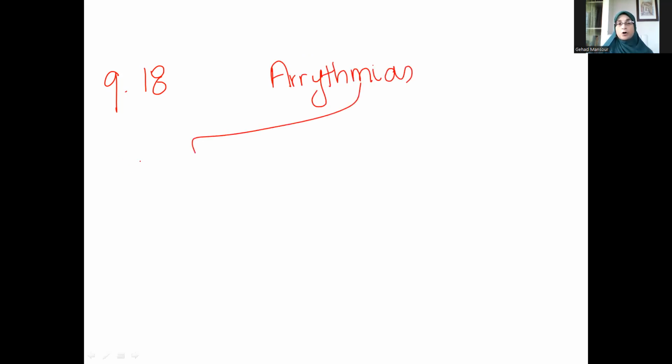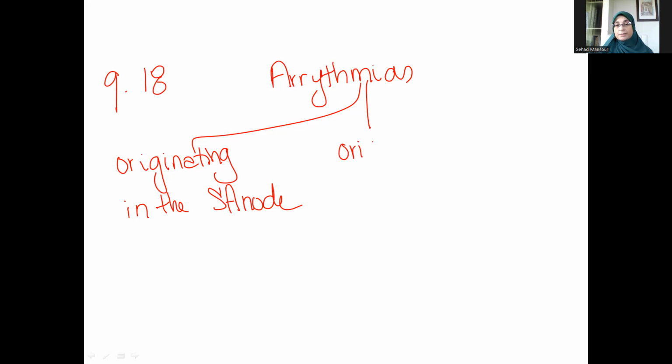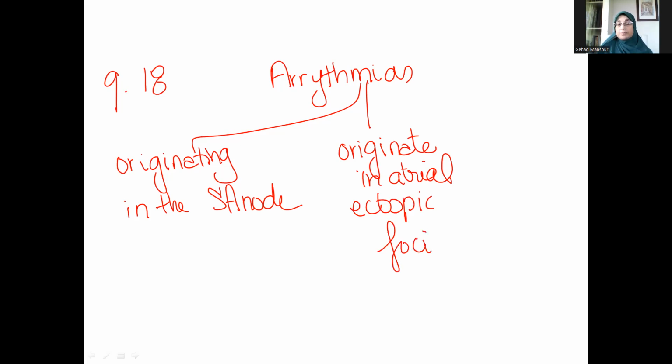There are arrhythmias originating in the sinoatrial node, the SA node. You have other arrhythmias that originate in atrial ectopic foci, and a third group of arrhythmias that originate in ventricular ectopic foci.